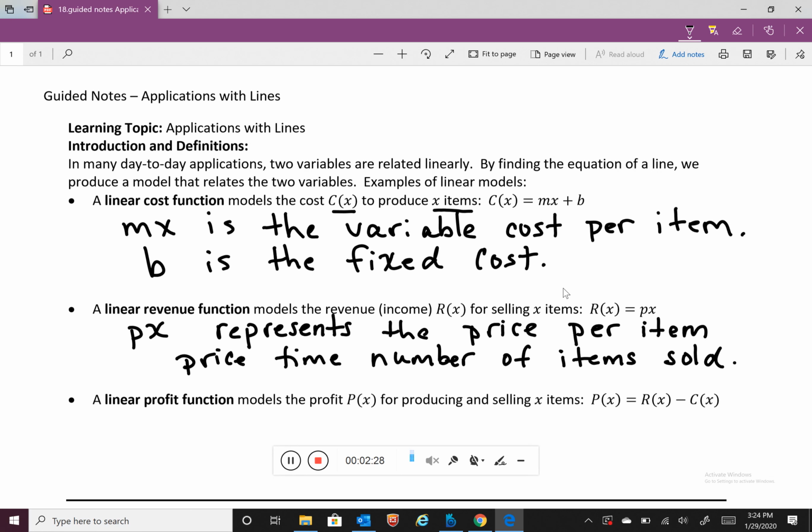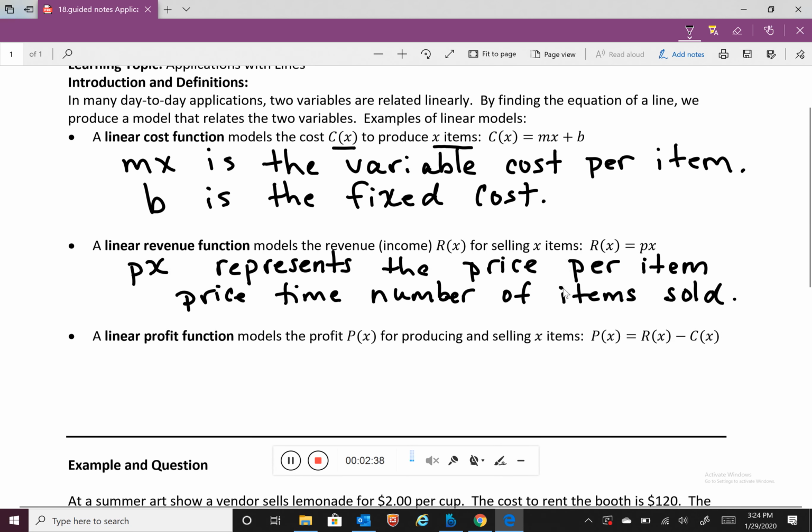So we want to make money, but as we saw up above, it also costs us to produce these goods. And so our profit is actually the amount of money we're making after we pay for the costs.